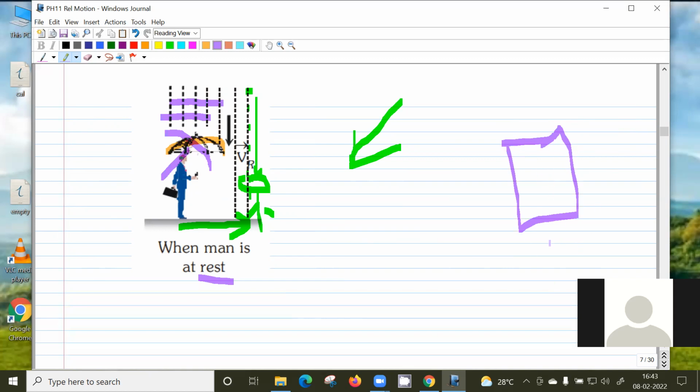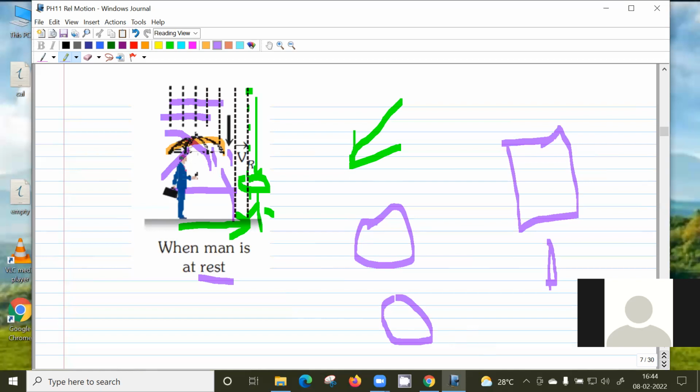But if you rotate this rectangle to this orientation, then the area facing in this plane of paper is less. So this umbrella, if you look from the top, will be like a circle. If I tilt it, it will become an ellipse and it becomes smaller and smaller. So if I hold this umbrella like this, the area it's blocking the rain is very, very small.